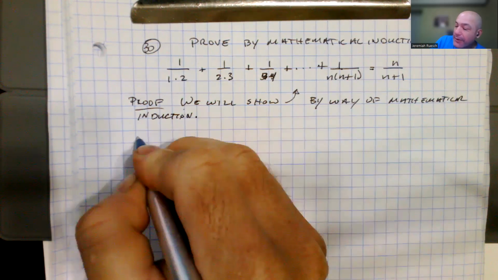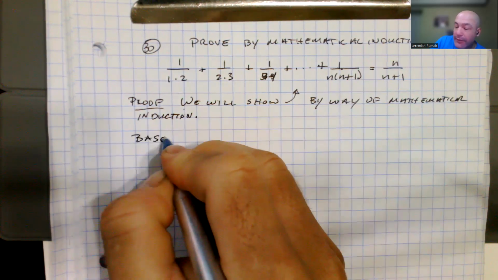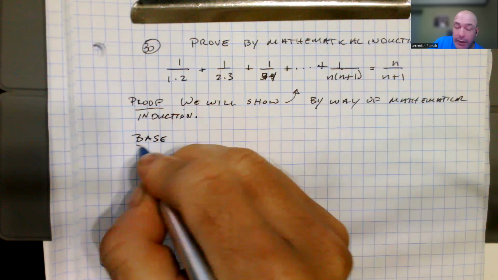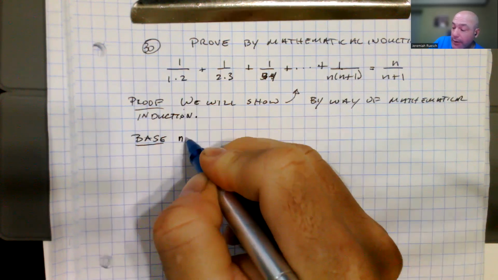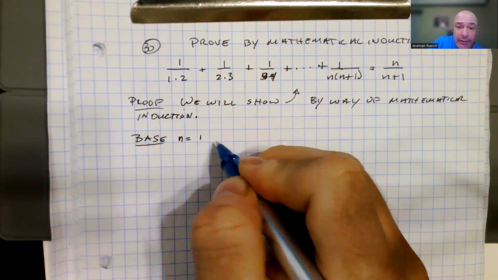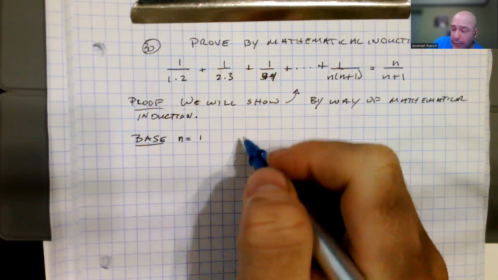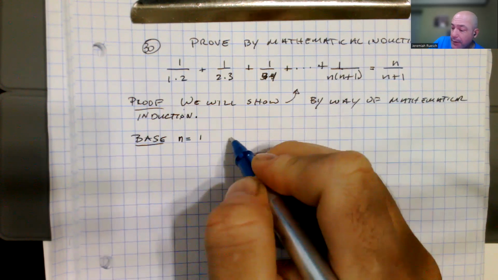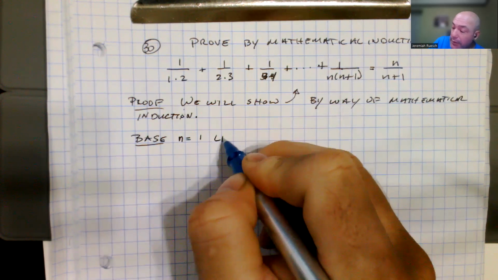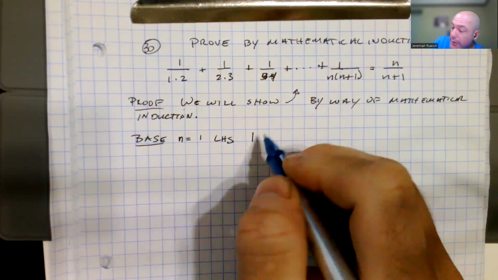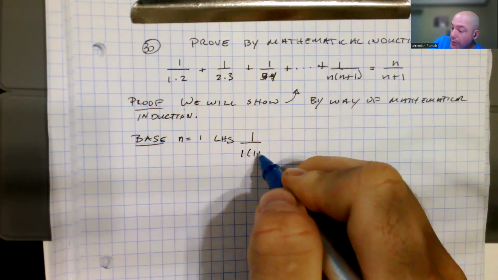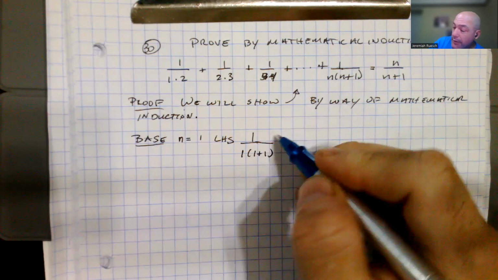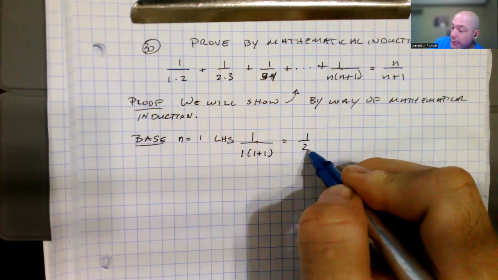Our base case here is for the set of natural numbers, where the natural numbers start with the number 1. So we're going to let n equal 1 here, and we're going to make sure that the set is not empty. The left-hand side, plugging in 1 for n, we get 1 over 1 times 1 plus 1, which is 1 over 2.